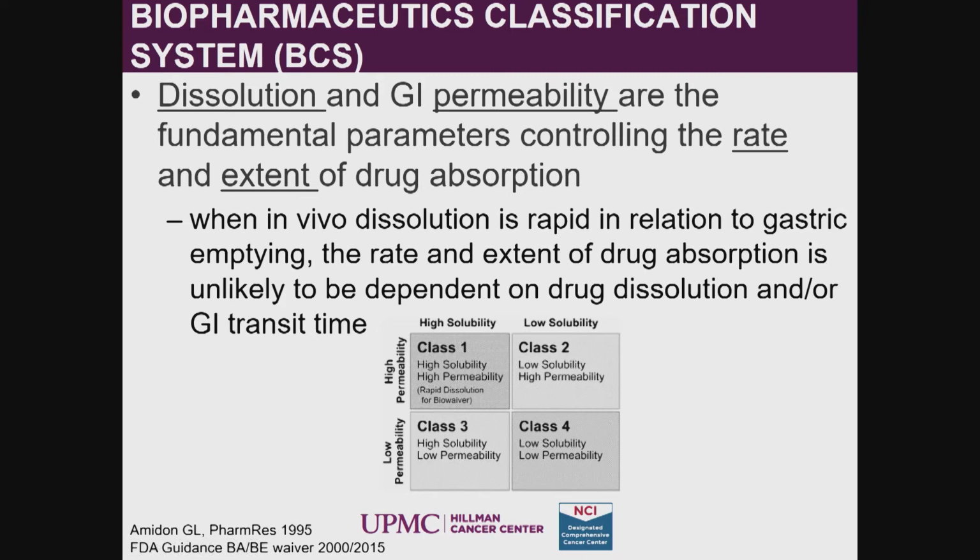And when in vivo dissolution is rapid in relation to gastric emptying, the rate and extent of drug absorption is unlikely to be dependent on drug solution and/or GI transit time. And so we now get this system where drugs are either high solubility or low solubility and high or low permeability, resulting in class 1, 2, 3, and 4.